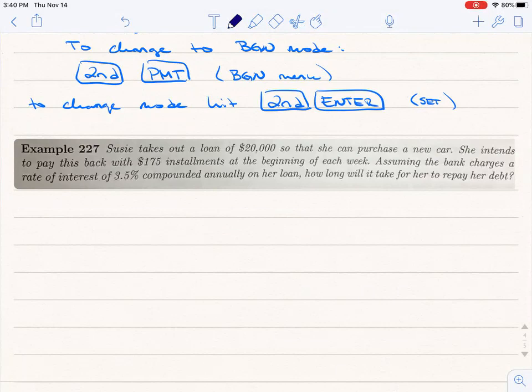She intends to pay this back with $175 installments at the beginning of each week.